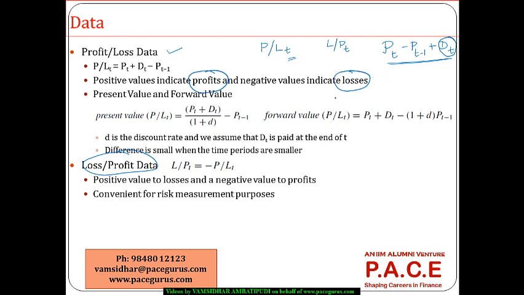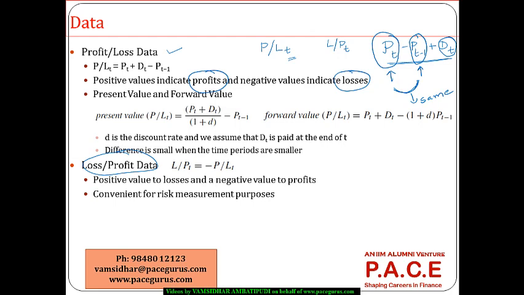Now, whenever we are using the word profit, the prices are at different points in time. This is at time period t, this is at time period t minus 1, which means there is a discrepancy. Generally, whenever we are trying to measure the profit or loss, we want to make sure that both of them point to the same time period.